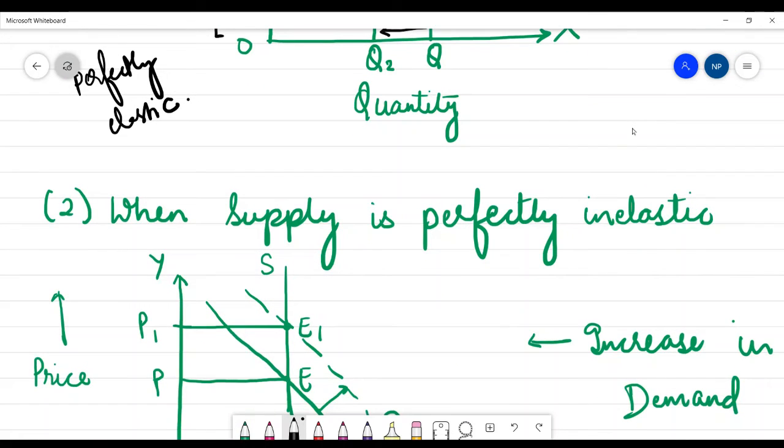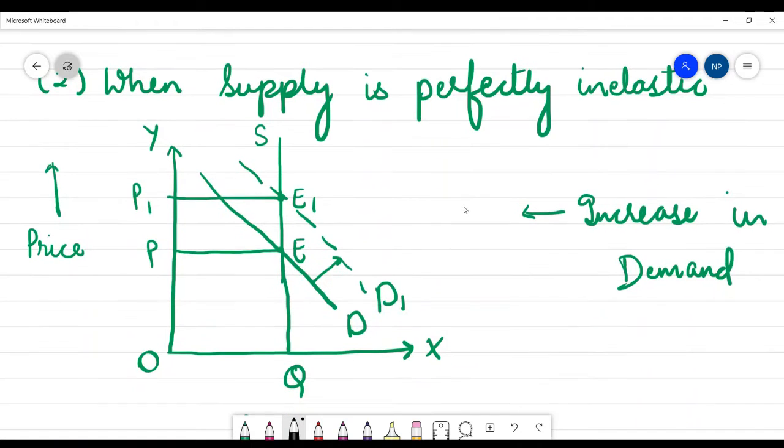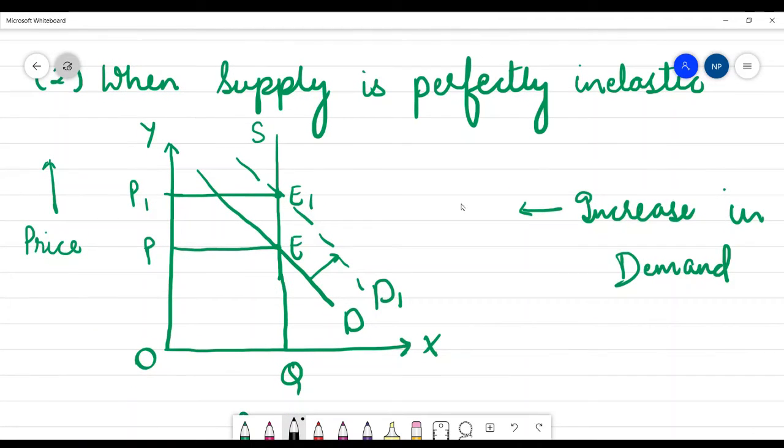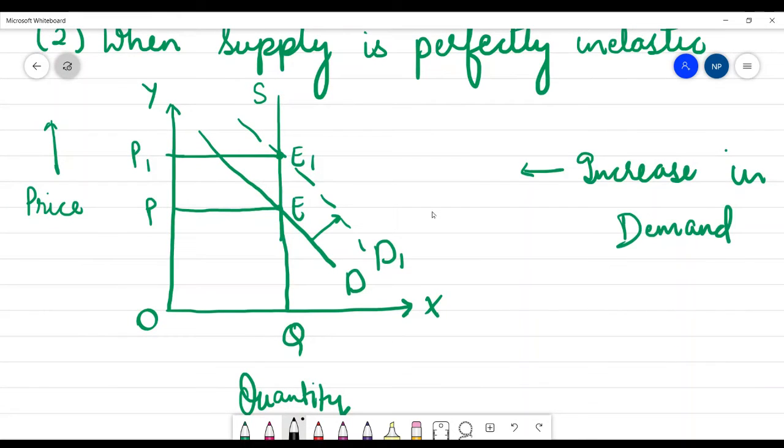Next, the second case we are going to see here is when supply is perfectly inelastic. In this case, children, you can see the graph where the price is mentioned on the y-axis and the quantity is mentioned on the x-axis.